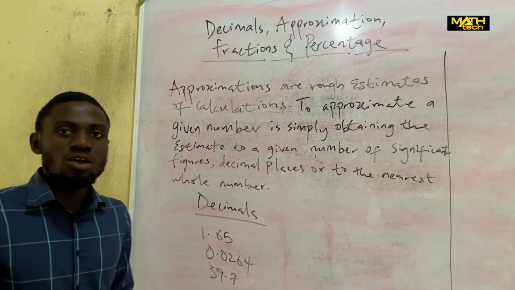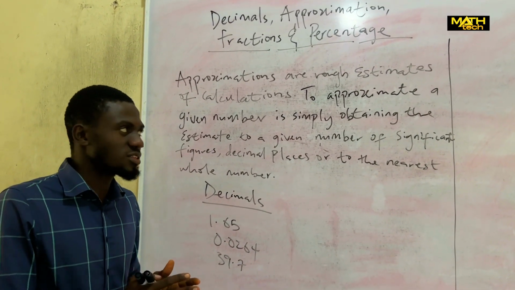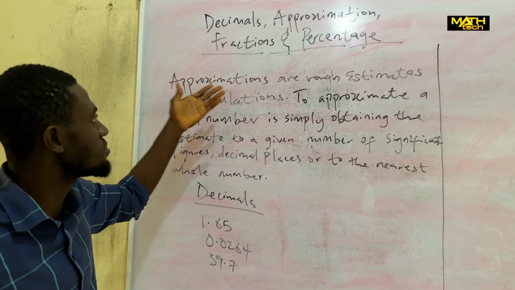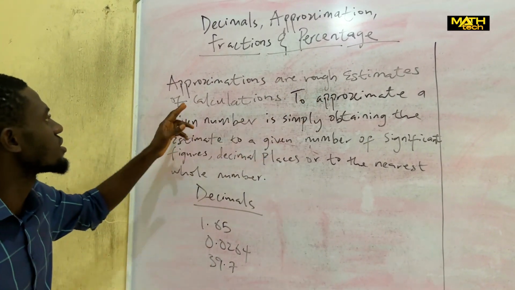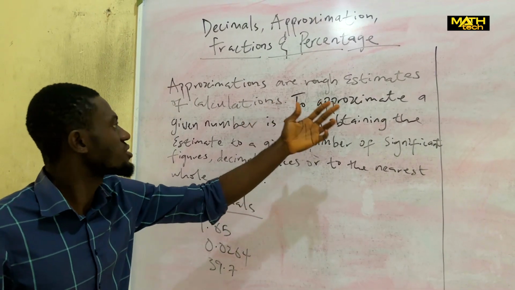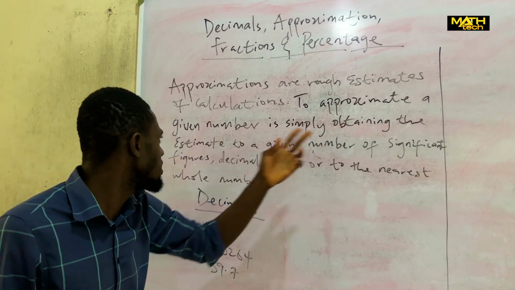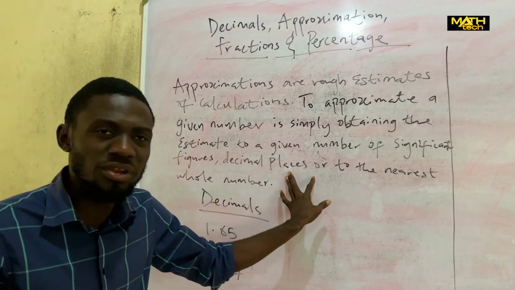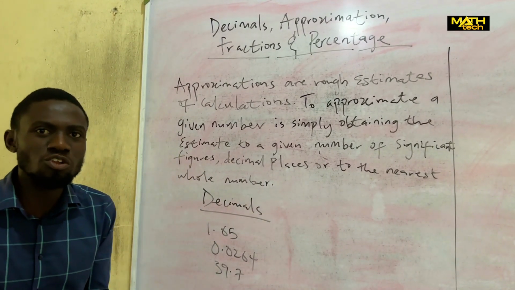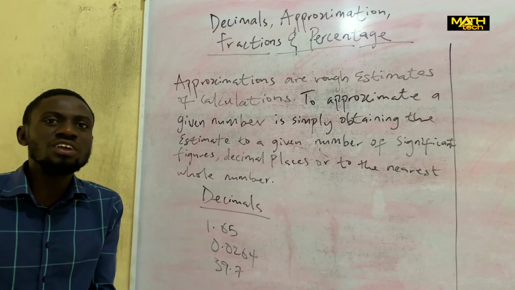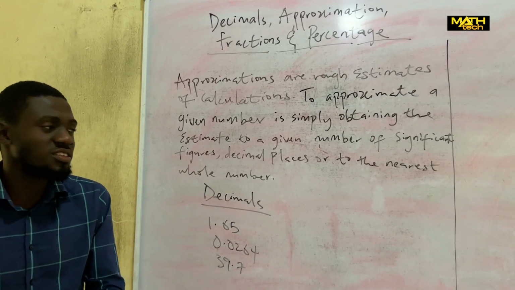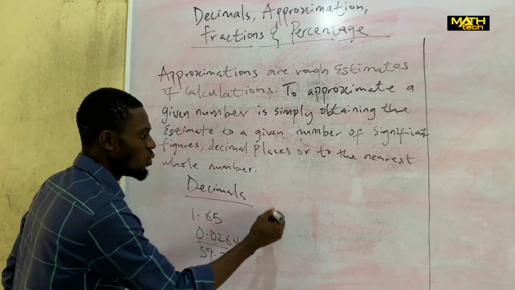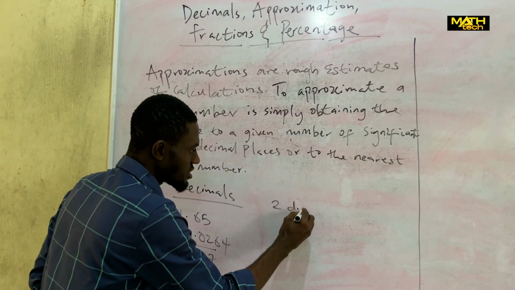Now note that when approximating numbers, I gave you a definition of an approximation. I said approximations are rough estimates of calculations. To approximate a given number is simply obtaining the estimate to a given number of significant figures, or decimal places. So when approximating a number to a given number of decimal places, let's say we are asked to approximate this to 2 decimal places.